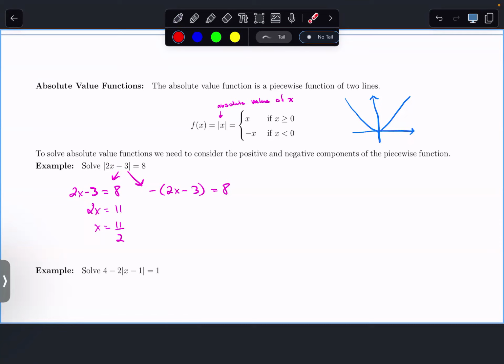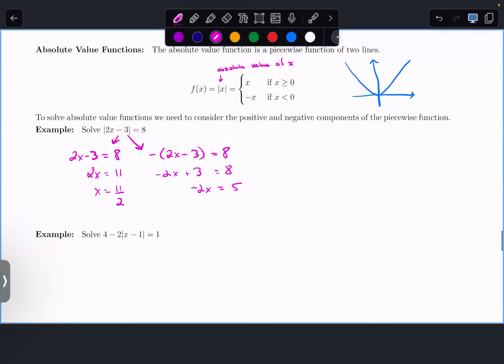What about the other little guy? If I expand this negative inside, I get negative 2x plus 3 is equal to 8. So then negative 2x is 8 minus 3, which is 5. So x must be negative 5 over 2.